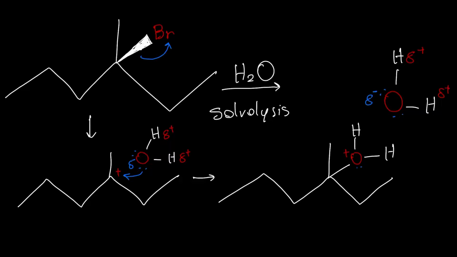And this stage is called deprotonation. Hydrogen has one proton, so when you deprotonate it, you take away a proton. So the electrons in the bond are going to go toward the oxygen, and the hydrogen is going to go toward the outside oxygen. And at the end you're going to get an OH, and then you're going to get an oxygen with 3 hydrogens, which has a positive charge.